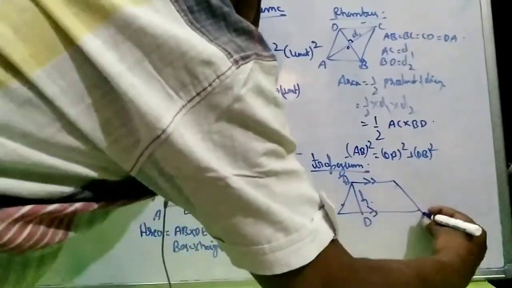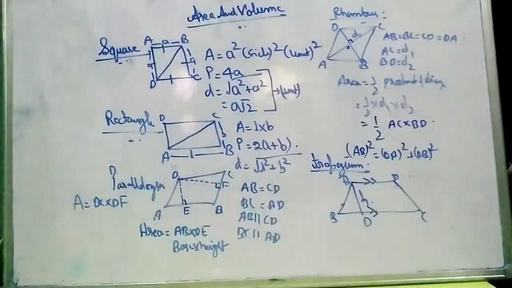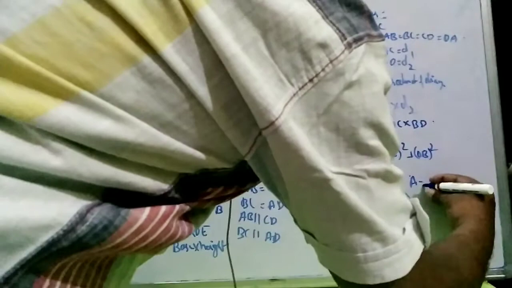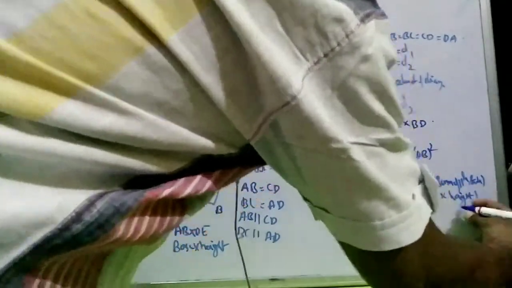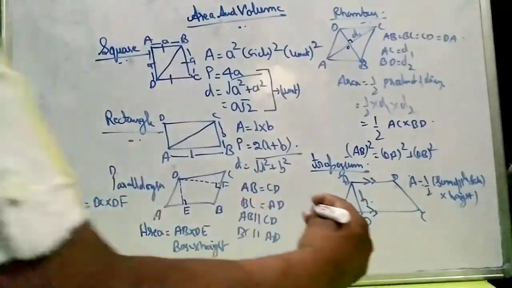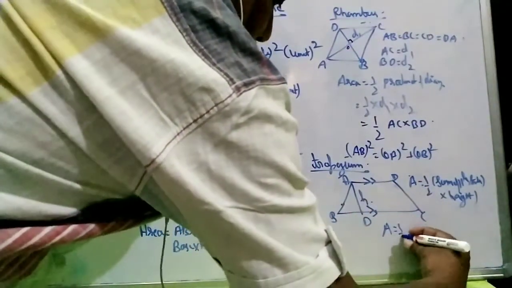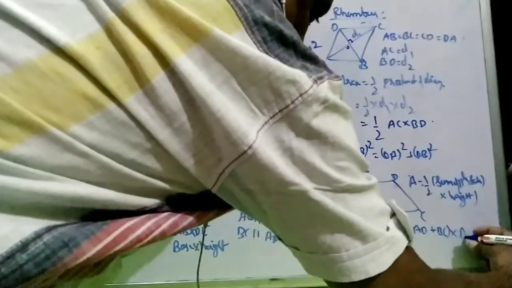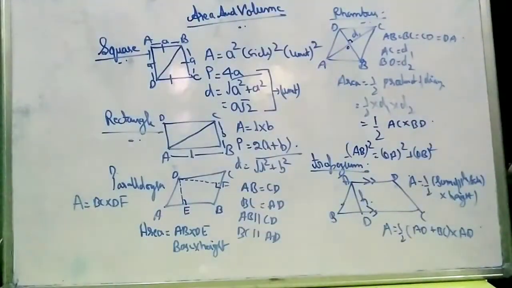This is A, B, C and D. In a trapezium, the height is necessary, so the area will be half the sum of parallel sides into height. So the area A is equal to half the sum of the parallel sides, AD plus BC, into the height, which is given as AD. So these are the formulas only.